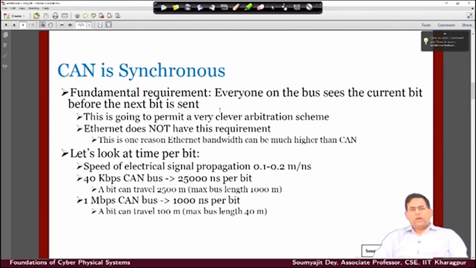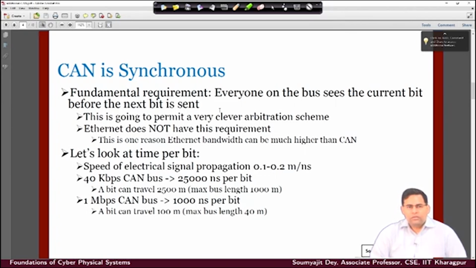In CAN we have a bandwidth issue, hence we need an efficient arbitration scheme, and not only that, there should be a real-time guarantee. Whenever multiple nodes are trying to transmit exactly at the same time, there should be a well-formed rule in the protocol which says exactly who can transmit and who cannot, and that should be followed, and accordingly the nodes must behave.